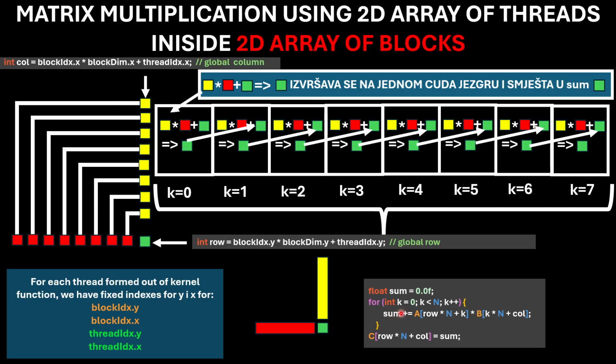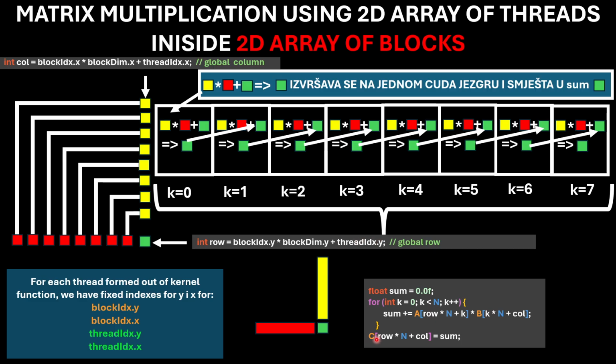And when the k is run over, or when we go through this sequence with the for loop, and we count all the k's, the total number in sum is actually the formed element of the matrix C, also with a specific coordinate, which is logical according to the row, because the row is also calculated in a way that takes into account blockIdx and threadIdx.